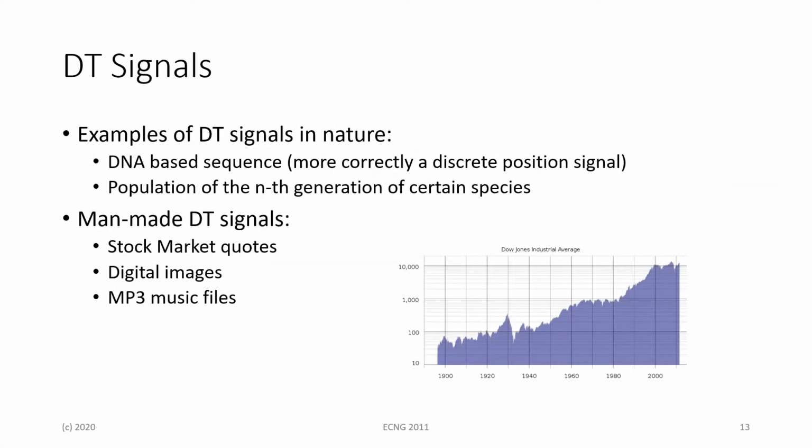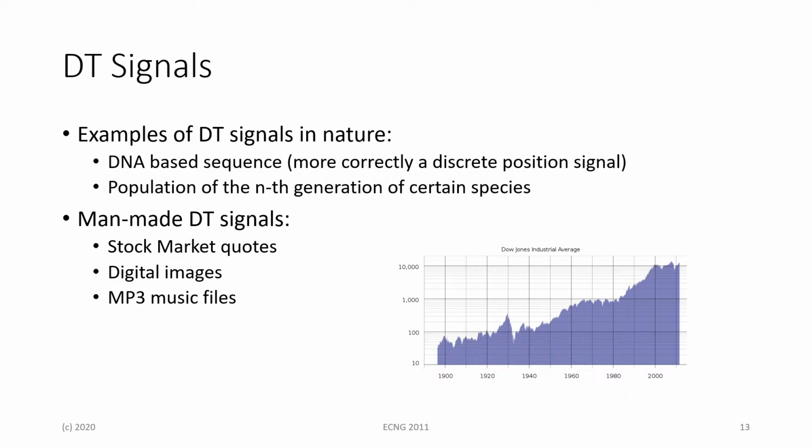Some nice examples of discretized time signals would basically be any sort of digital signal you can encounter. So, DNA-based sequences, which are basically a digital form of the actual DNA from your body or from any sort of tissue, are a discretized time signal because they operate on samples.